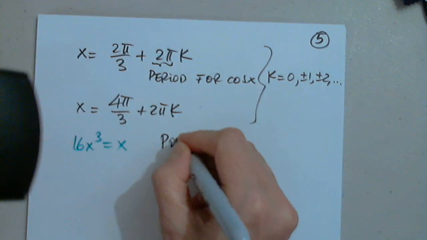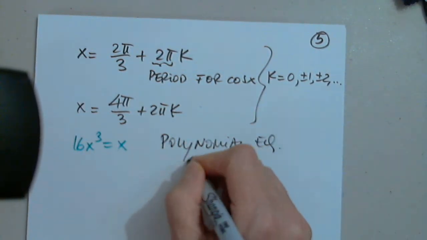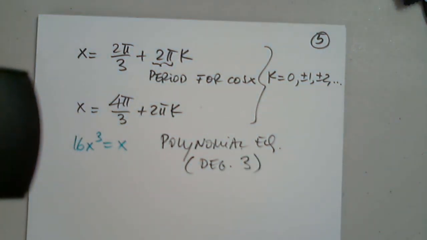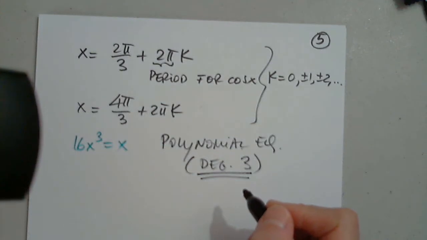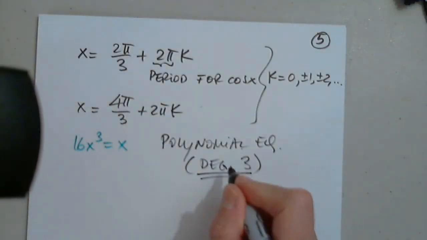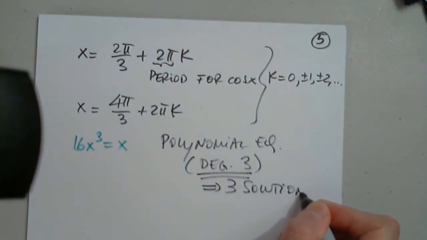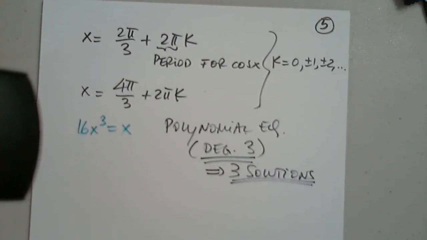So it's a polynomial equation of degree 3. How many solutions will I have to look for? 3. Absolutely. Degree 3, who said that? Sean. Thank you. Degree 3 absolutely means 3 solutions. Absolutely mandatory, real, imaginary, I don't care.